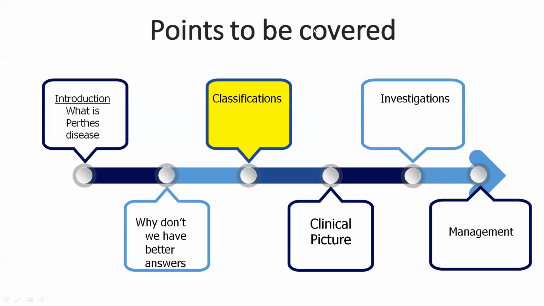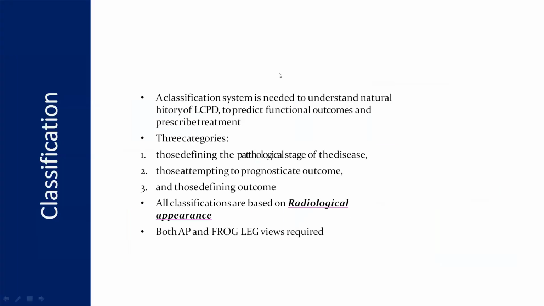All right, we're going to quickly talk about the classifications of Perthes. To determine a good classification system, we define three categories. The first category defines the pathological stage of the disease. Another classification would attempt to prognosticate the outcome.